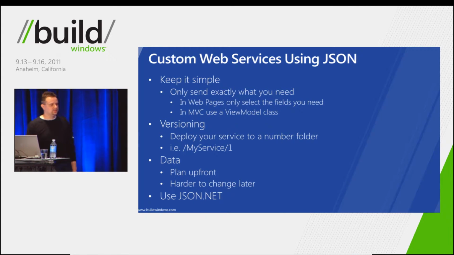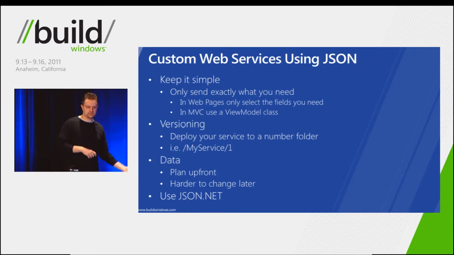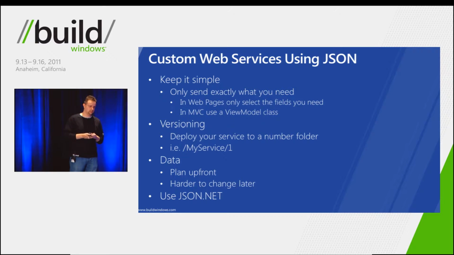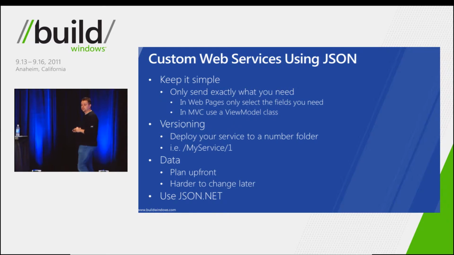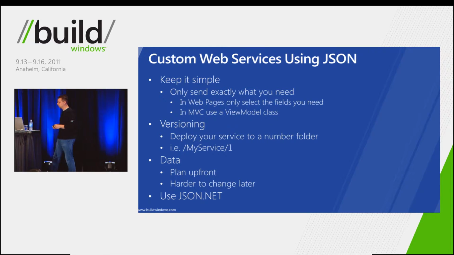And the last one is, if you're on a Windows machine or device that doesn't support parsing JSON, which out of the box I don't think Windows Phone does, use JSON.NET. That's a really good, really fast JSON parser. You can go to NuGet in your Windows Phone project and simply add it and start calling it. And if we have time, I may actually go through some of that.